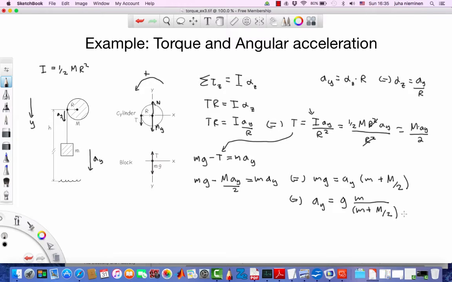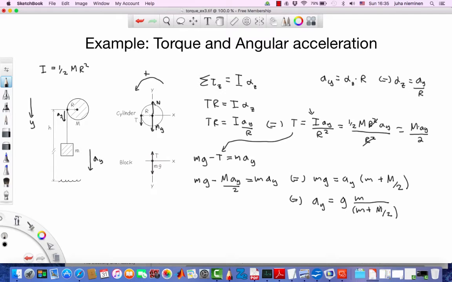As usual, let's check a couple of test cases to see if this result makes sense. First of all, if we have a massive wheel so that the capital M is much larger than the small m, this effectively reduces the acceleration to a really small value, which makes sense. A heavy wheel is hard to turn, which means that the mass that is tied to the rope also accelerates slowly.